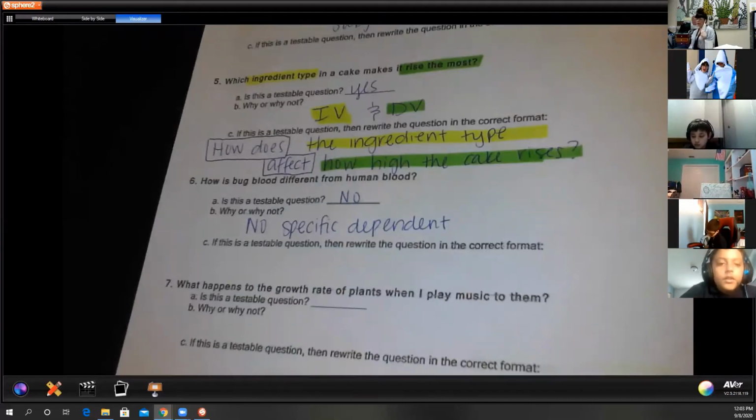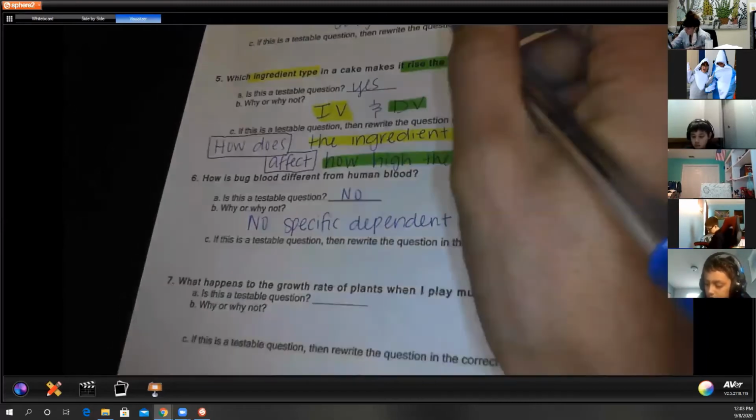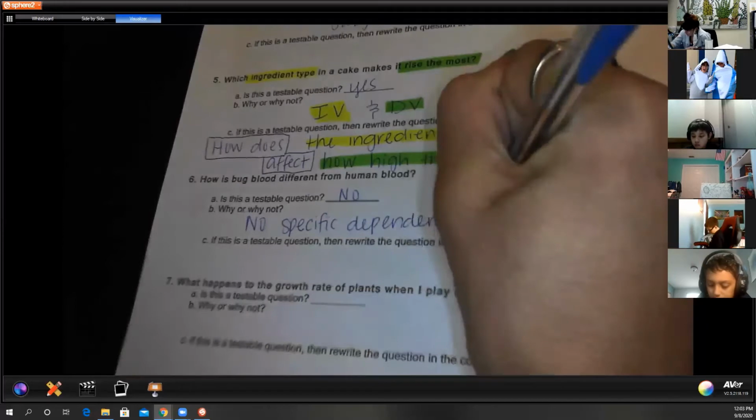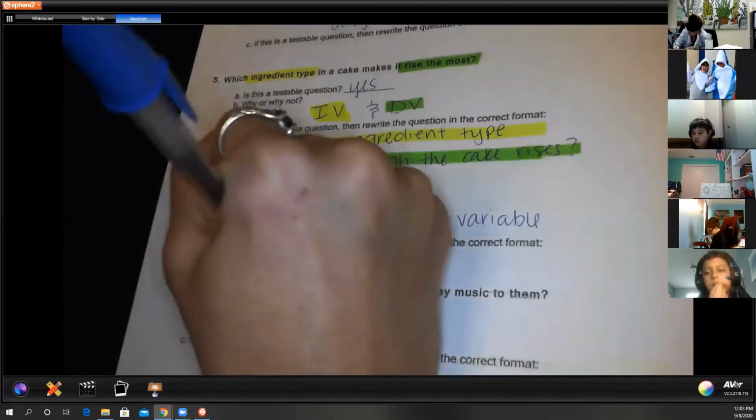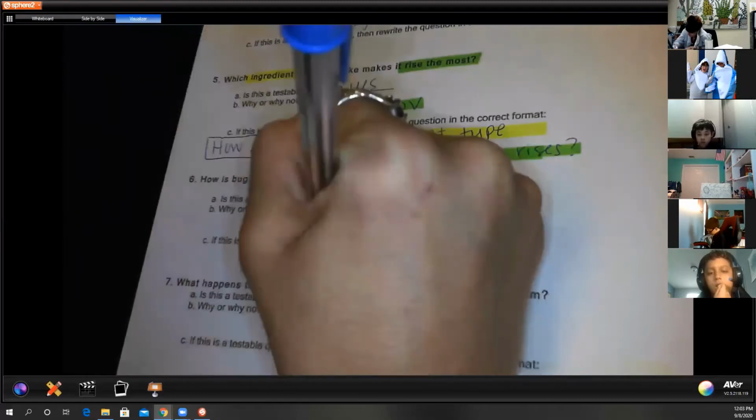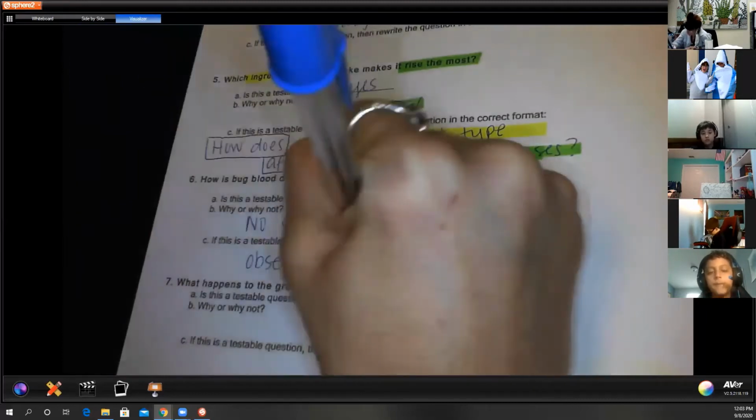Other than my blood or her blood, but what am I measuring specifically about it? There are too many variables there. That is just a comparative analysis, so there's no specific dependent variable. This is just an observational study. It's an observational, comparative study.